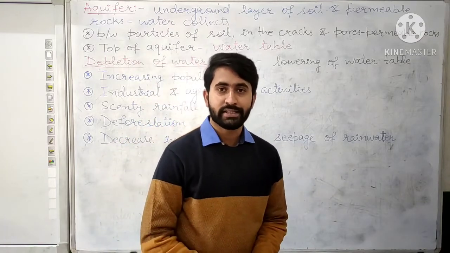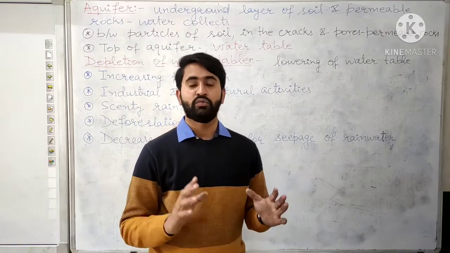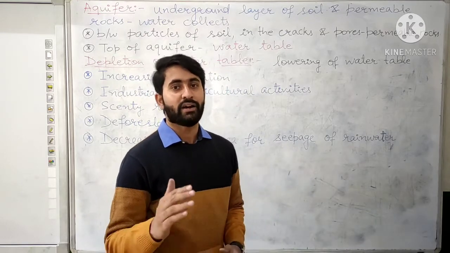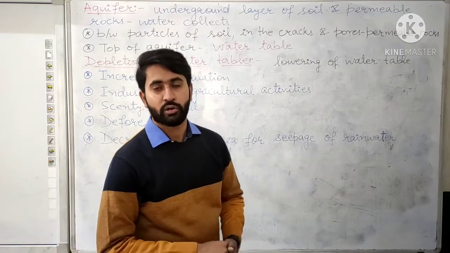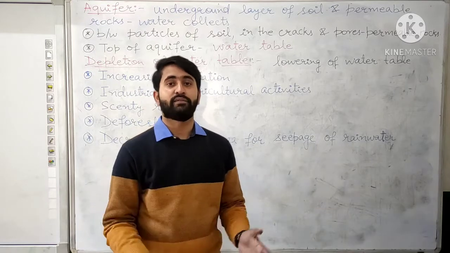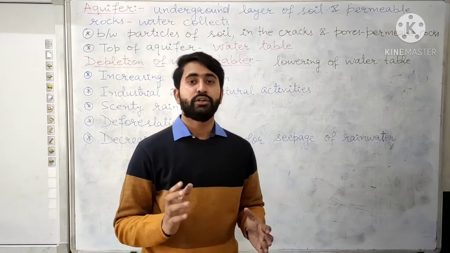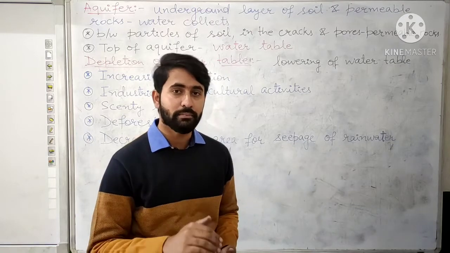But when it rains, the rainwater seeps into the ground and the groundwater gets refilled or recharged. If we draw more groundwater than can be recharged by the rain, then the water table will fall, due to which many wells and tube wells can become dry.